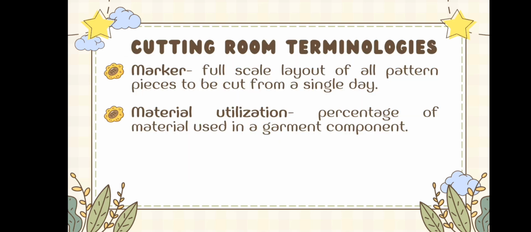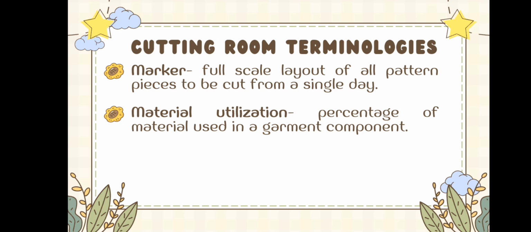So next we have the marker. So this is a full-scale layout of all pattern pieces to be cut from a single lay. So marker means all of the pattern pieces, the front, the back, the sleeve, collar, etc. Next is material utilization.